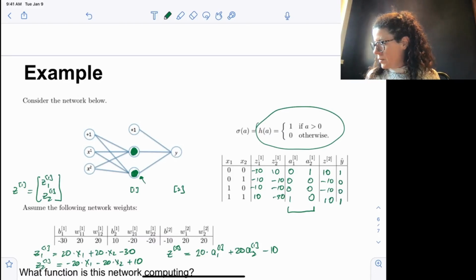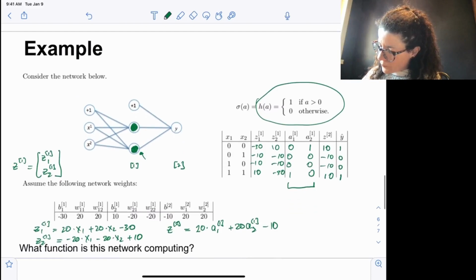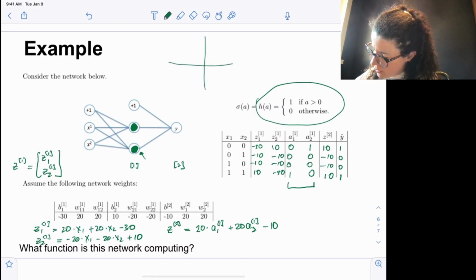Okay, so let's actually make a little drawing of what this function is doing. So we have our x1 here and x2 here. So in 0, 0 we're getting a label of 1.